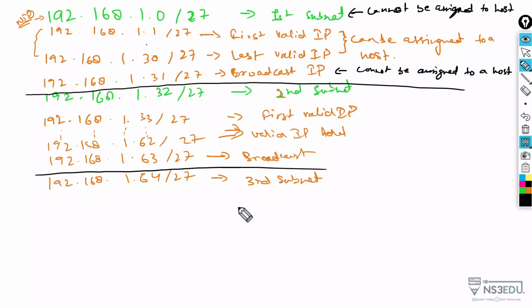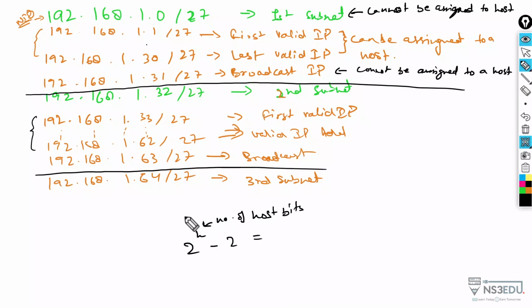Now if I want to know how many hosts are available in this one subnet, how am I going to do that? There is a formula for this. 2 raised to the power h minus 2 equals whatever the number is. The h here is the number of host bits.